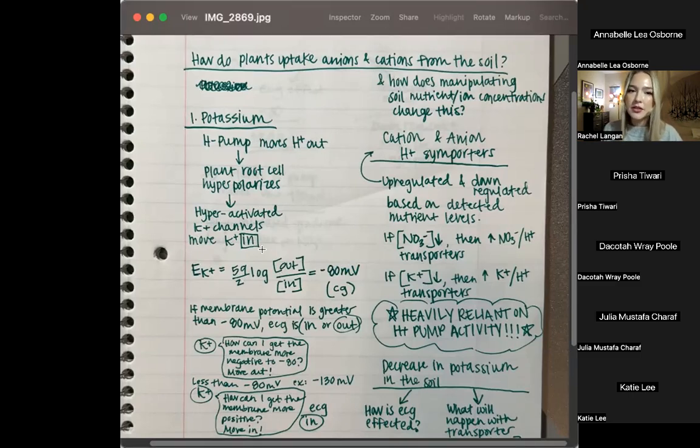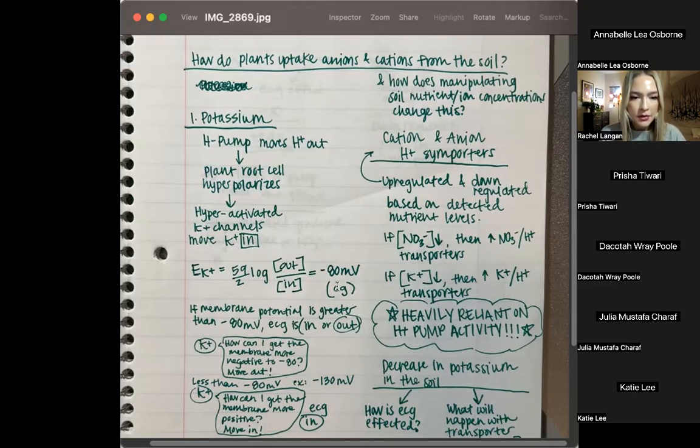If you change the concentration in or out, up or down, you plug that into the Nernst equation, and it's going to give you a new equilibrium potential. Then, given that equilibrium potential, you have to decide how the ion is going to move, given what the membrane potential is, or given whether the hydrogen pump is working. So let's give an example of that.